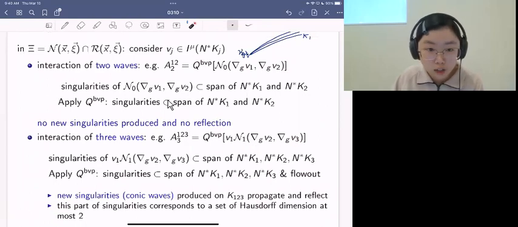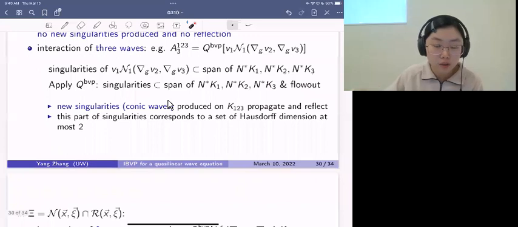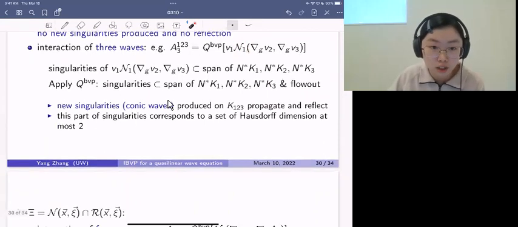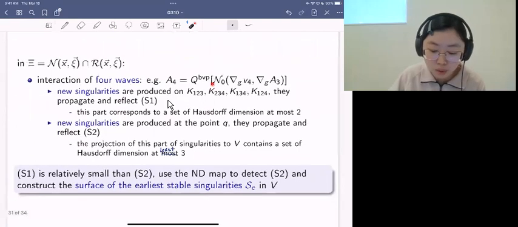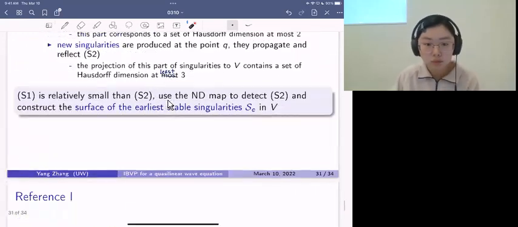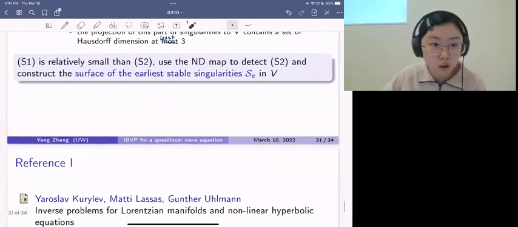The principal symbol of these terms on the boundary at the first reflection point contains some information about the quadratic terms here. By comparing the principal symbol of these terms, one can determine the quadratic terms N1 and M. That's the main idea of the proof, and that's the end of my talk.